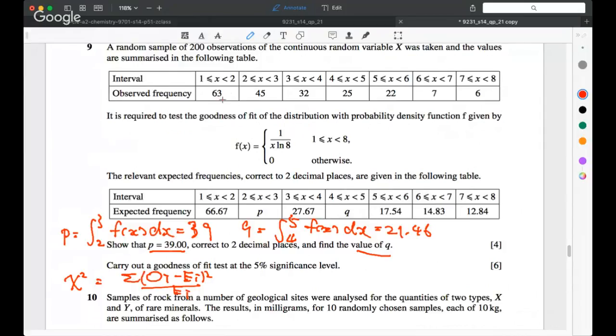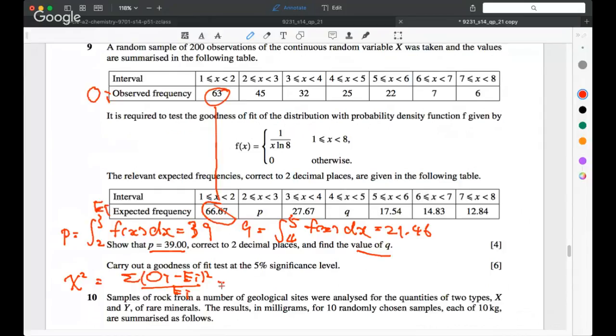We do that for each element of the expected frequency and observed frequency. So this is Oi, this is Ei, and we sum them up.